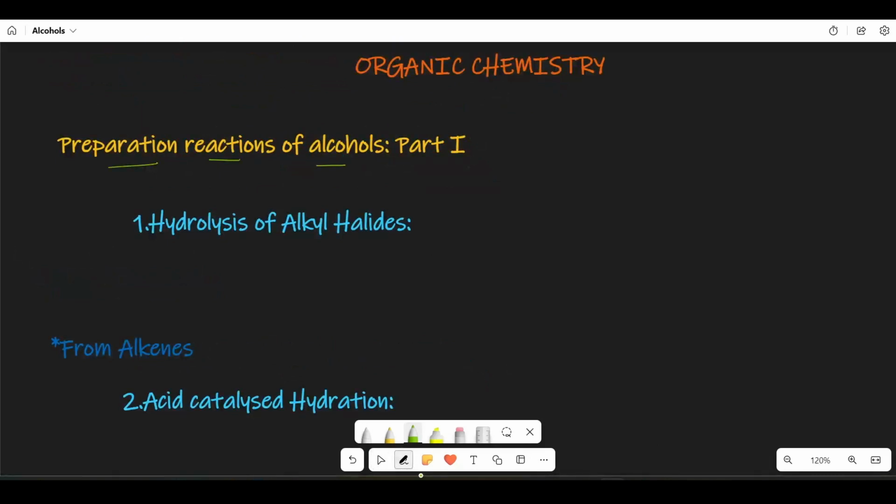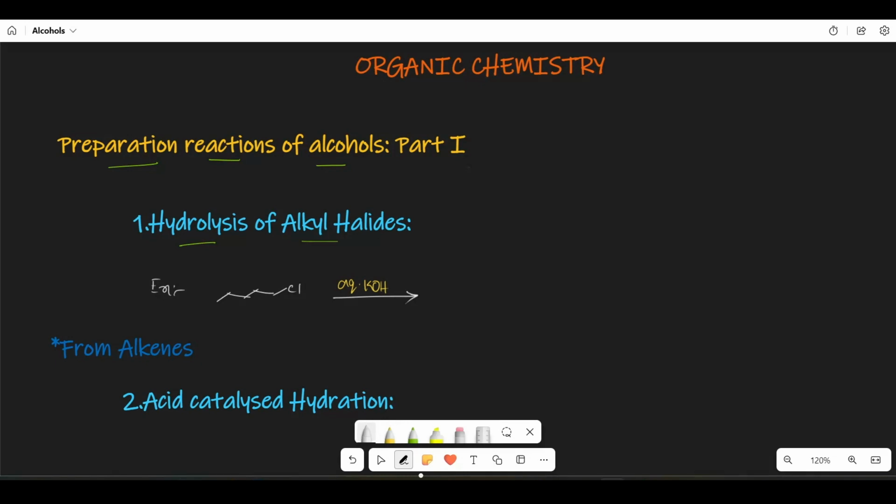Now let's see the first reaction, that is hydrolysis of alkyl halides. Let's see it with one example. If you take any alkyl halide, let's take this primary alkyl halide, and in the presence of aqueous KOH, this reagent, it undergoes a substitution reaction.